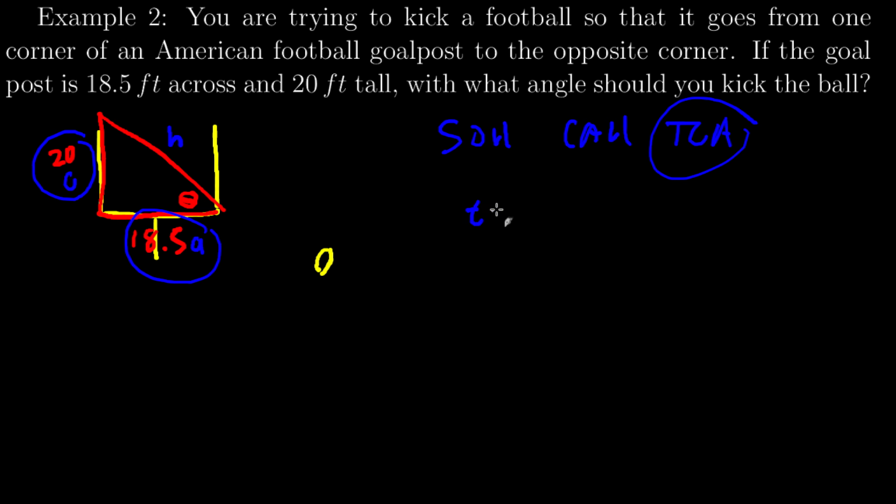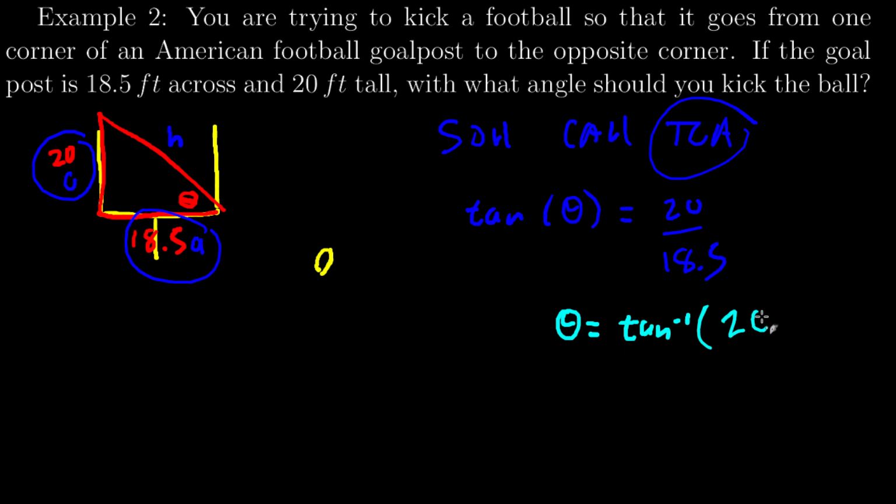And I'll write tangent of theta equals opposite over adjacent, 20 over 18.5. Now this is the easier case. I don't need to do a bunch of algebra. I just need to realize to get rid of the tangent, I do inverse tangent. So theta equals the inverse tangent of 20 over 18.5.